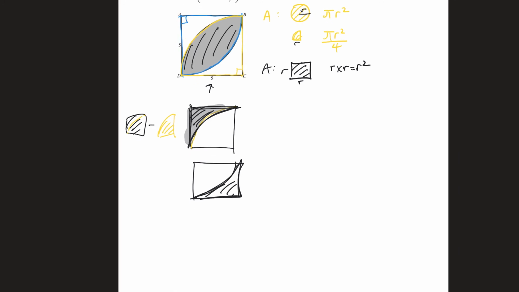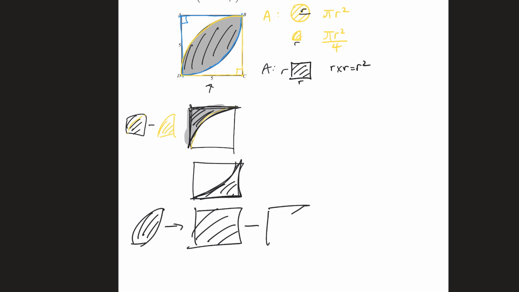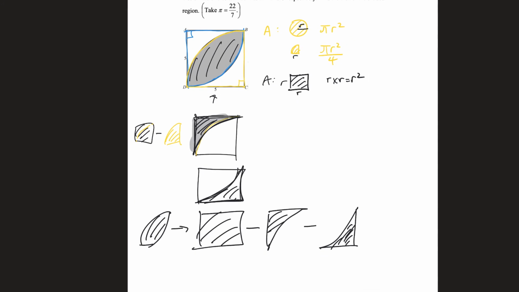And then we can say that the area of the middle section is simply the area of the square, subtract away this section, subtract away this section. So just take time to look and appreciate it. And then once you know, we can jump right into it.